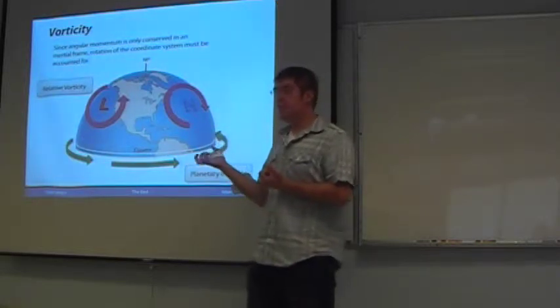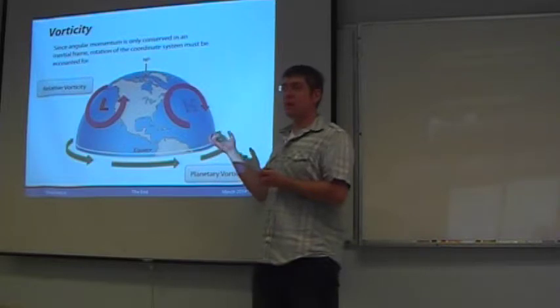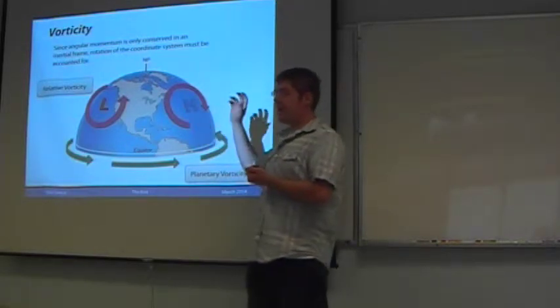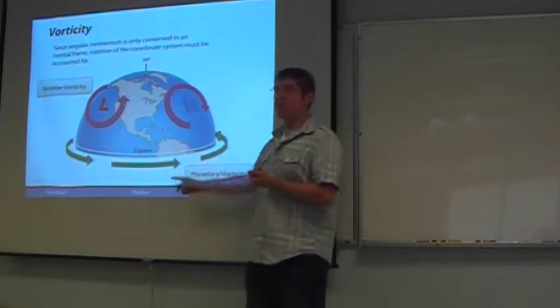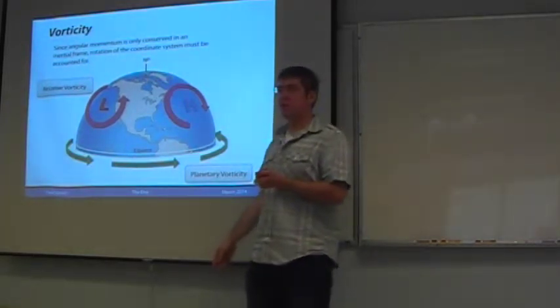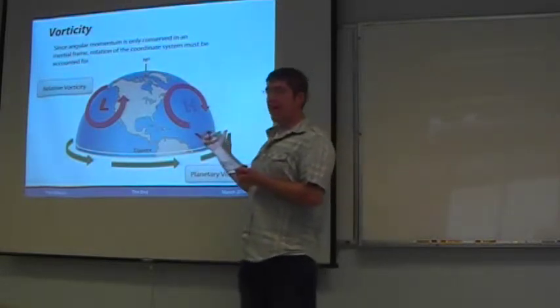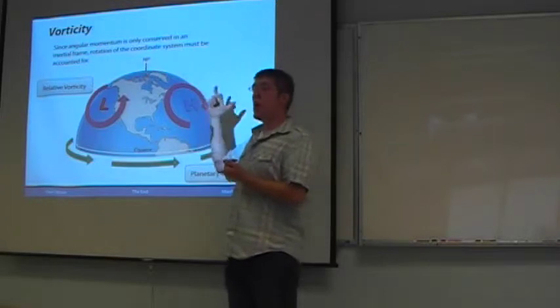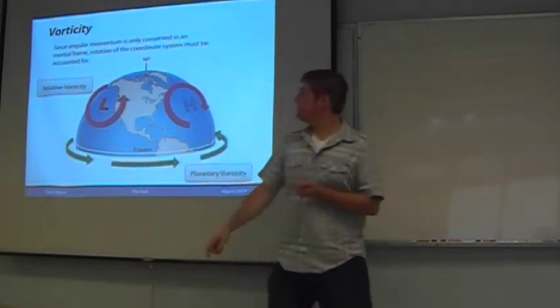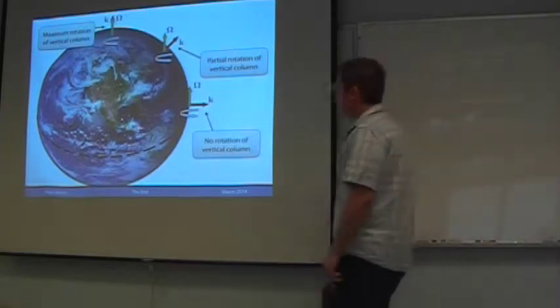So when we transform the equations of motion into the rotating frame, we need to take into account that conservation of momentum needs to account for the presence of planetary rotation in the flow. So consequently, what we see is that conservation of angular momentum must be applied to the absolute vorticity of the flow, not the relative vorticity of the flow.